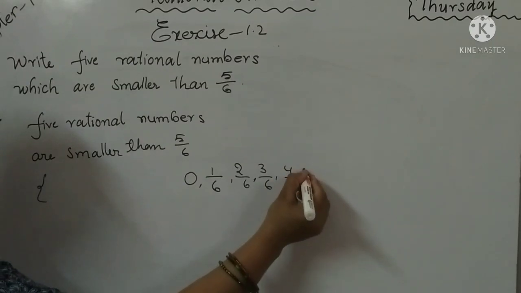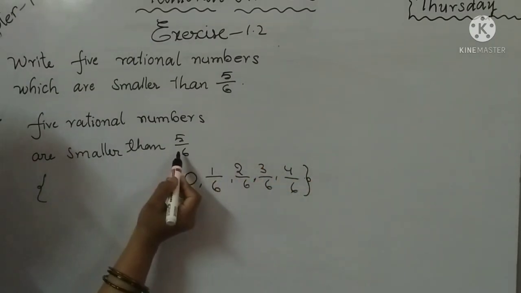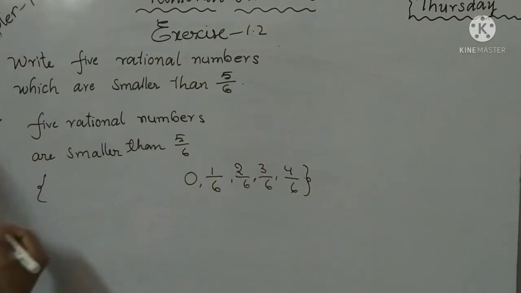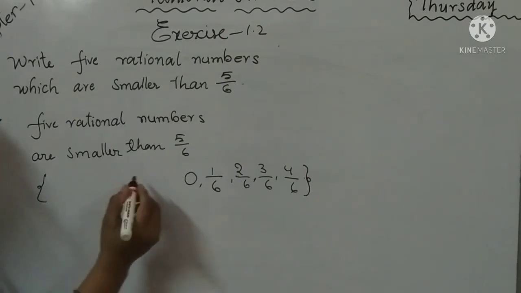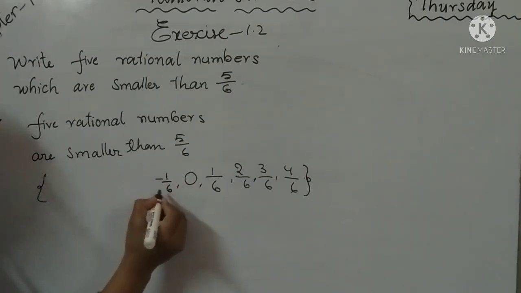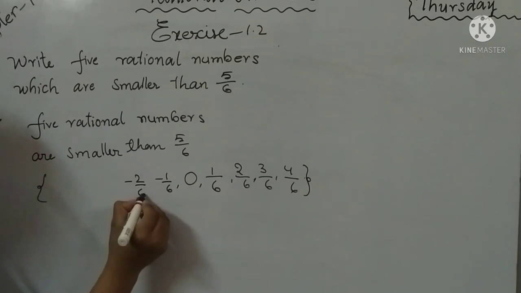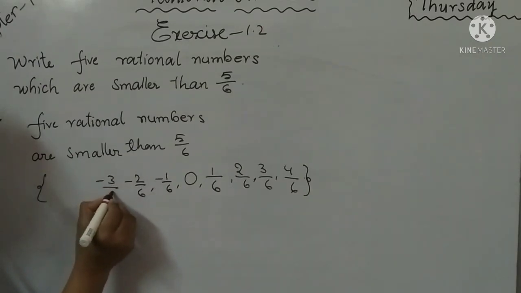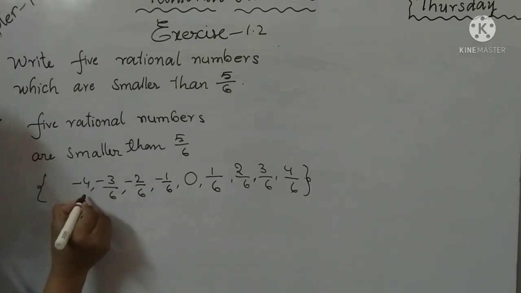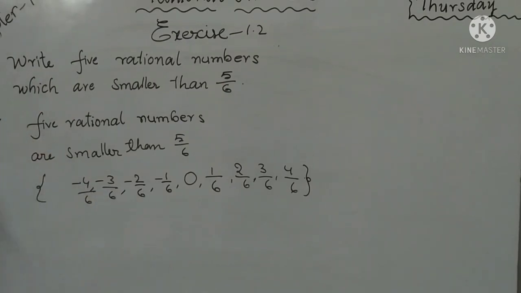Next we do not take 5 by 6, because we need smaller numbers, the numbers before 5 by 6. So here write minus 1 by 6, minus 2 by 6, minus 3 by 6 and minus 4 by 6. Understand here, these are rational numbers smaller than 5 by 6.